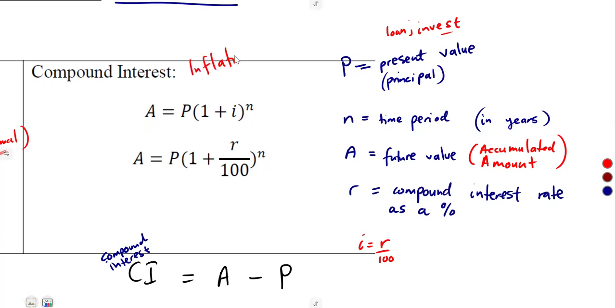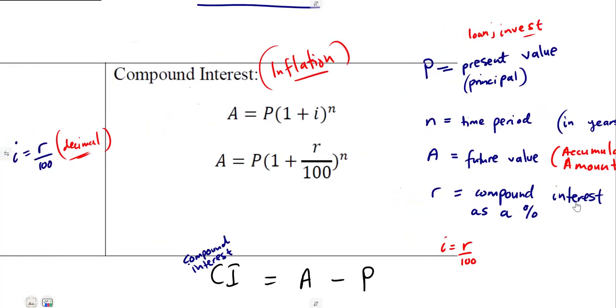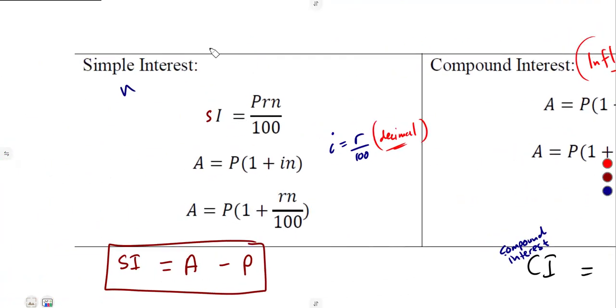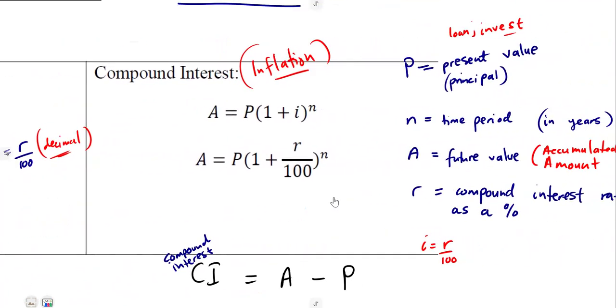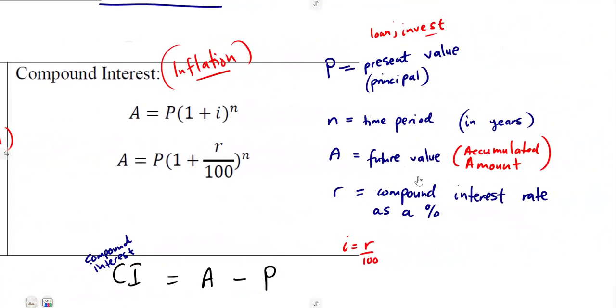If you are calculating questions under inflation, you use the compound interest formula. Remember, for simple interest before, we dealt with the hire purchase, and I said there you must use simple interest for a hire purchase agreement for those short-term loans. For long-term loans, hire purchase, or for inflation, use compound interest.